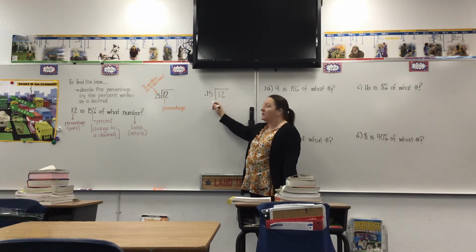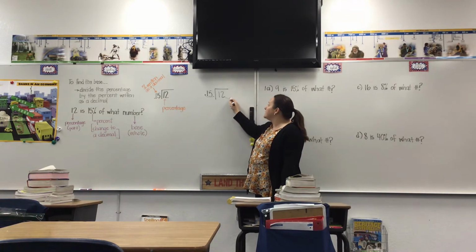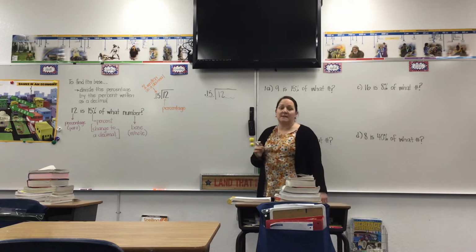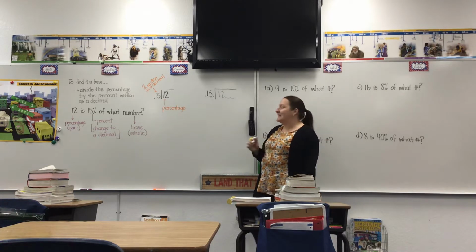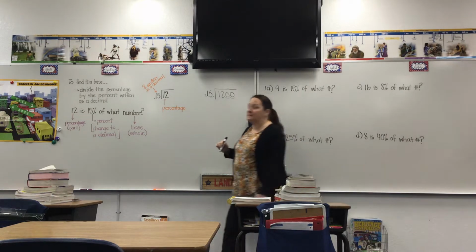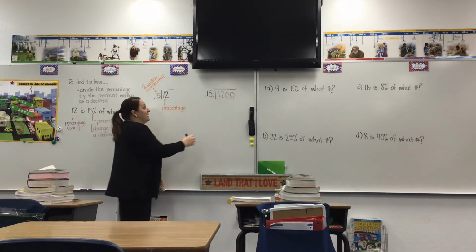It doesn't work. Okay, so I'm going to move it 1, 2, which means I move this one 1, 2. And what do I do with those blank spaces? I annex zeros. So I'm going to come here and I'm going to annex these 2 zeros. So now I can divide easily.